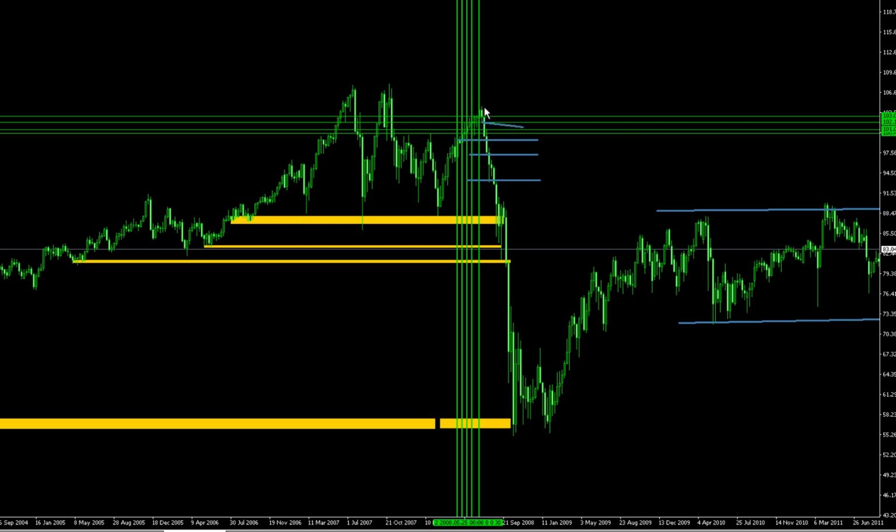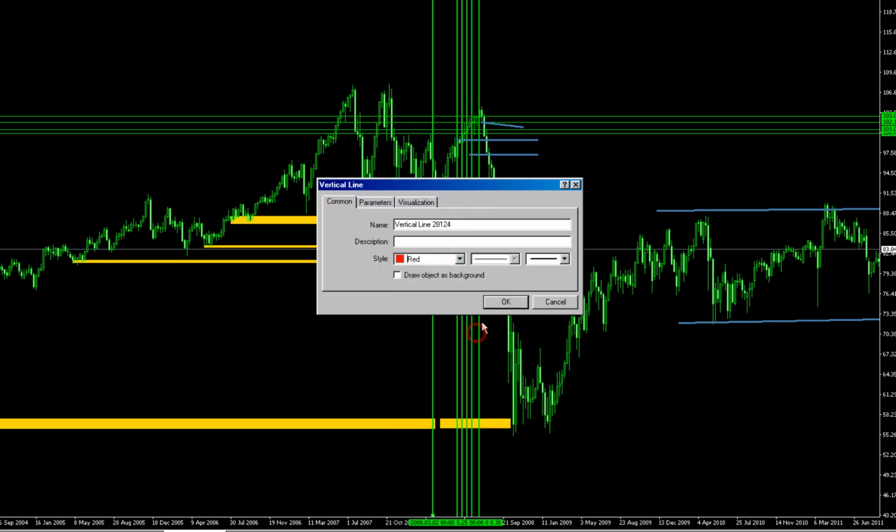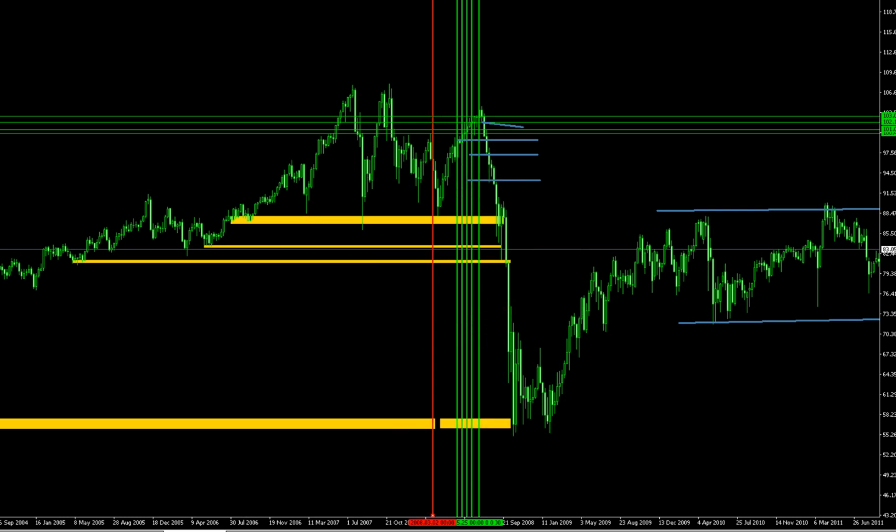So, a failed reversal, dumb money accumulates. Before that we had some shorties, they got killed with the up move. Let me show that as well, let me make them red. So, dumb money sells, dumb money sells, dumb money sells.